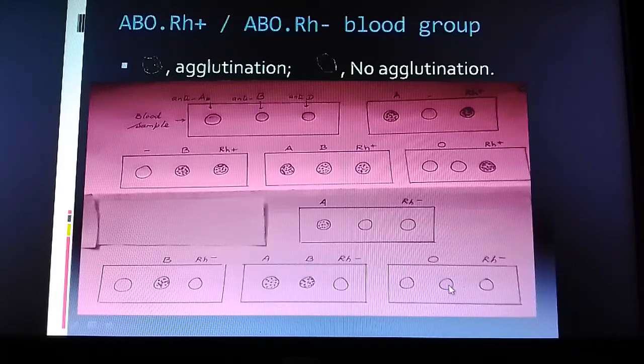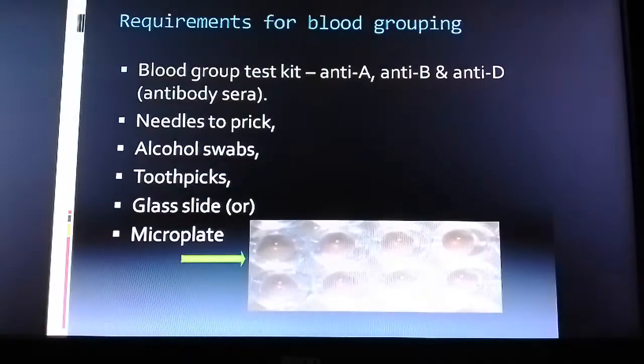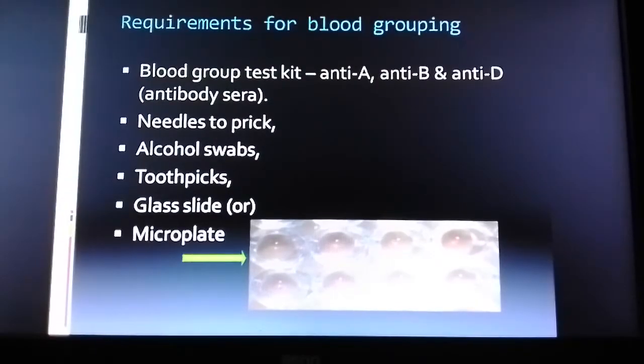And in this case, there is no agglutination at all in the 3 drops of anti-A, anti-B and anti-D. Accordingly, you can consider the blood group is O as well as negative for RH. Agglutination is nothing but the clumping of RBC due to the effect of antibodies applied.